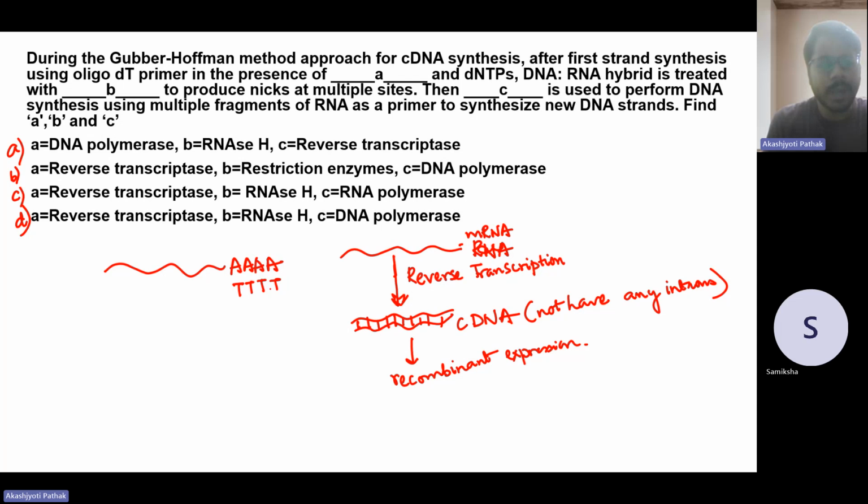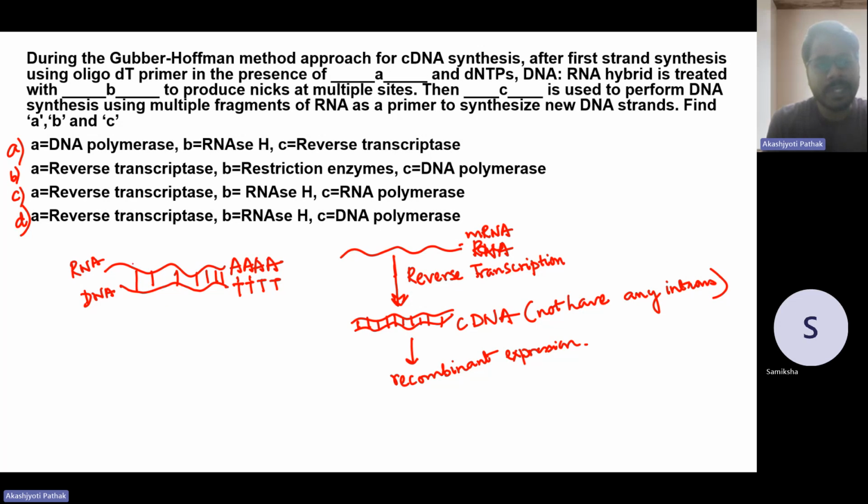This DNA primer with the poly T sequence will bind to your mRNA sequence. Now the DNA polymerase, a complementary DNA sequence will be synthesized. So this is your RNA, and here you will get your DNA. What you are getting is an RNA-DNA hybrid.